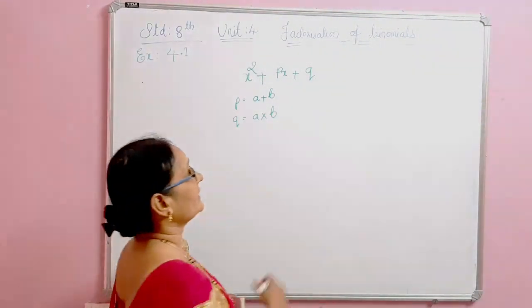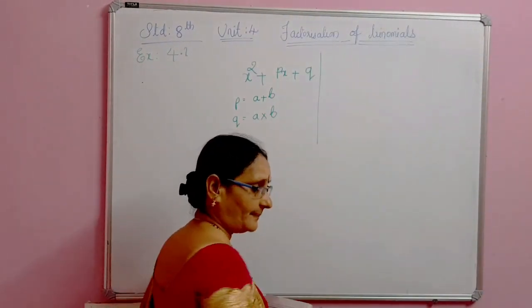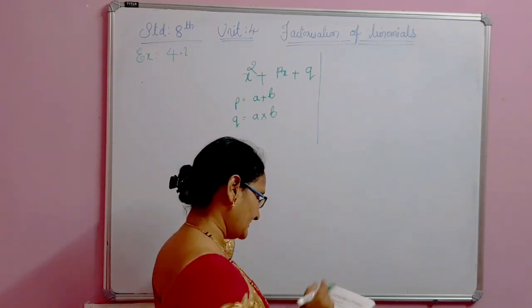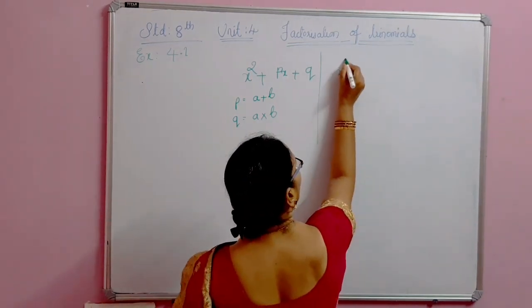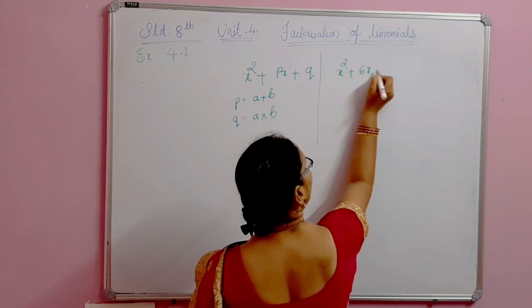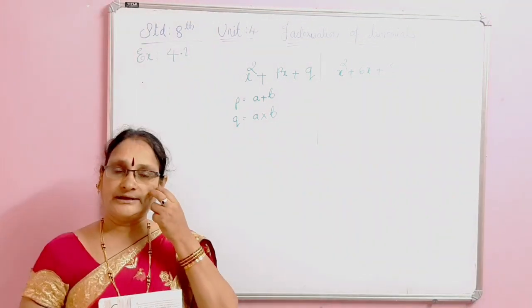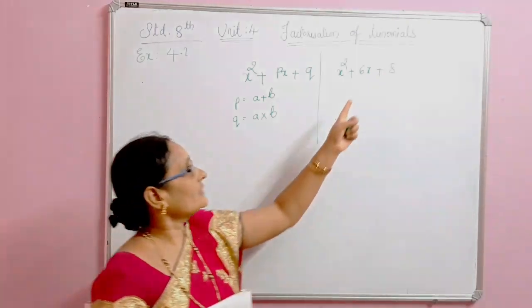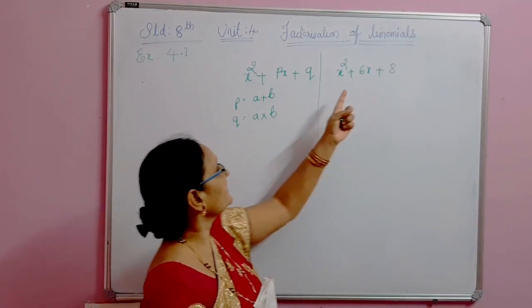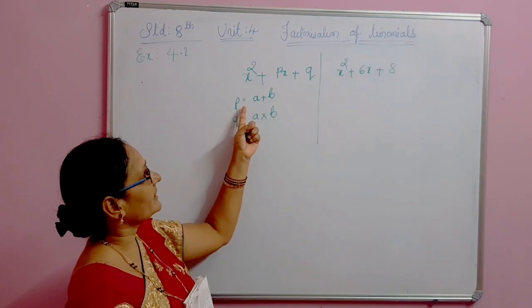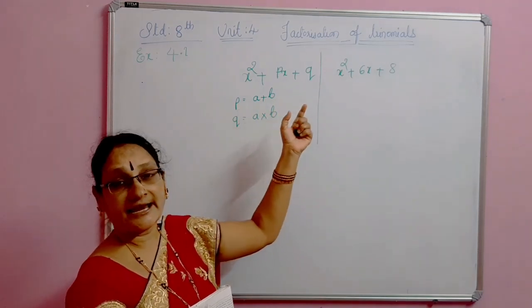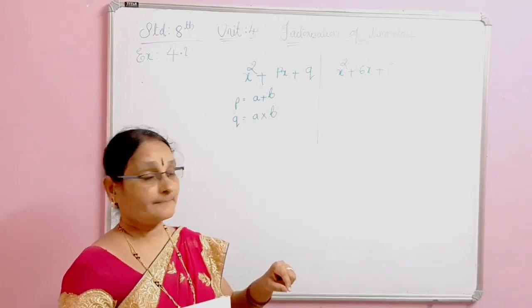Now you will understand. I am taking one example, then you can understand very easily. See, x square plus 6x plus 8. This is one trinomial. Here 6 is in the place of p, a plus b. A and b are two numbers.